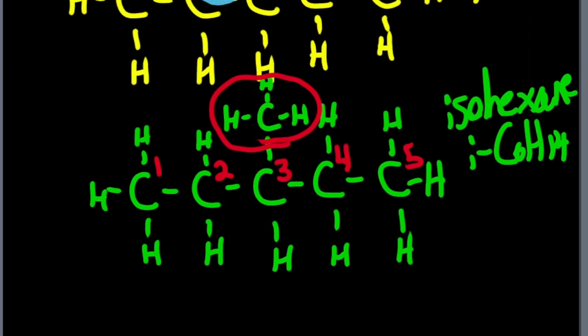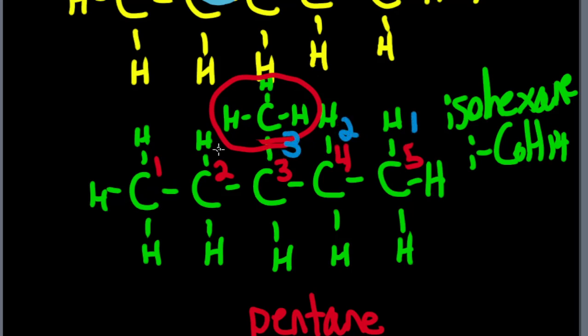And I can do the same thing down here, where I start with my longest chain, and again it's going to be pentane. I count my carbons, 1, 2, 3, 4, 5. I could go the opposite way, and because this is symmetrical, it's not really going to matter, okay?